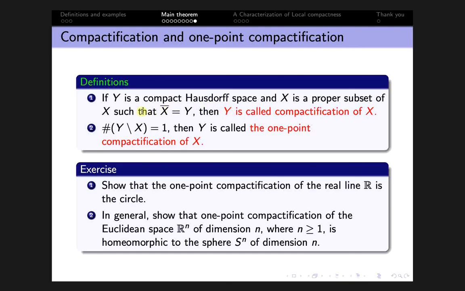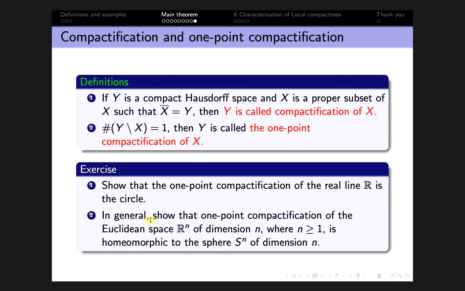Now in particular, if Y minus X has only one element, that is, the complement of X in Y is a singleton set, then Y is called a one point compactification. Here we have exercises. Show that the one point compactification of the real line is homeomorphic to the circle. The second one is the following.